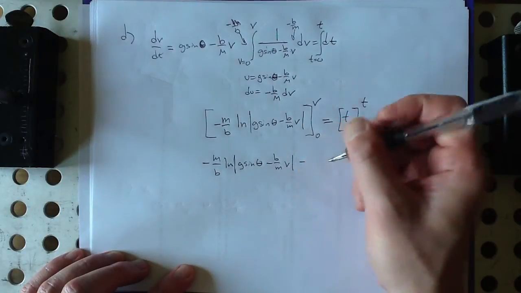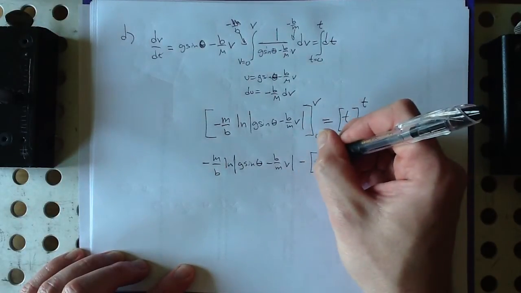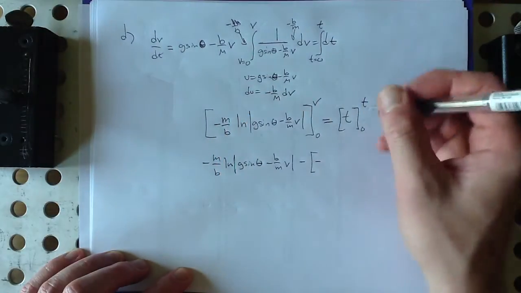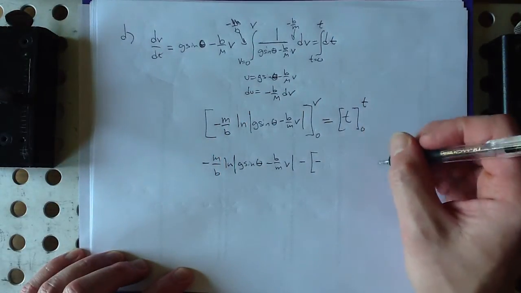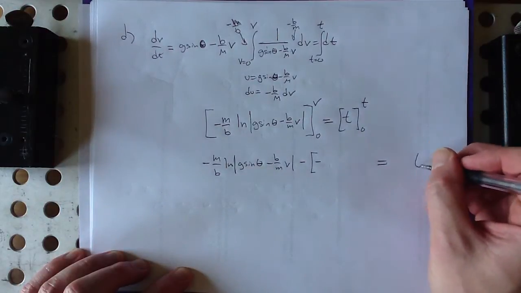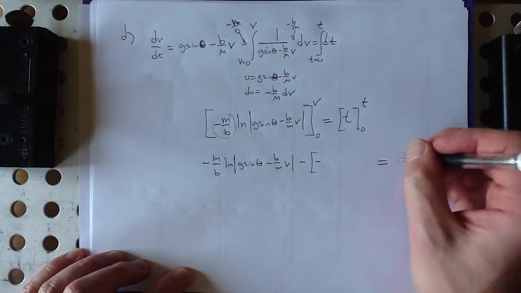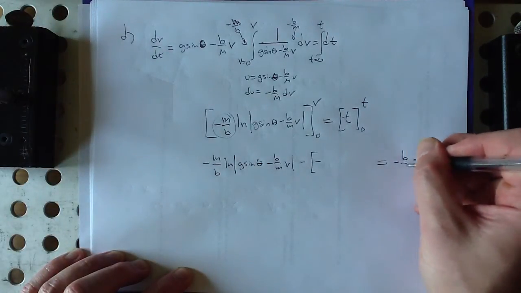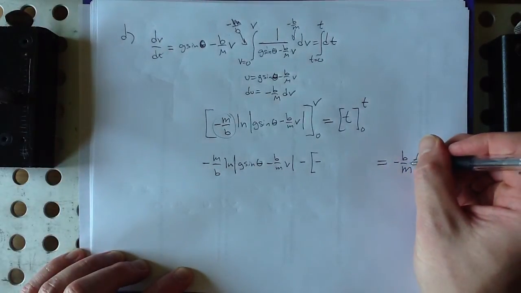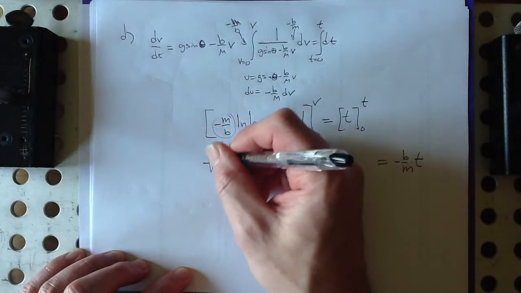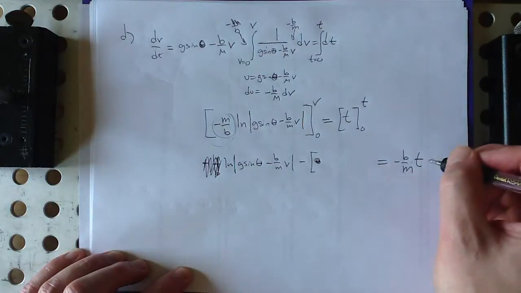You know what, I think I'm going to go ahead and on this side we're going to end up with the t, and instead of having this over here, I'm going to move that minus b over m to the other side, so I don't have to have the double negative signs and all that. So that just gets rid of that. Move that to the other side with the t.